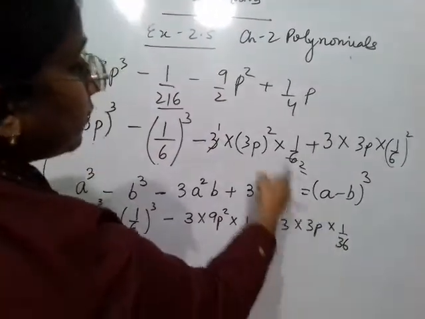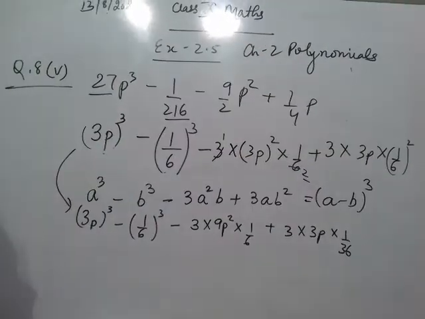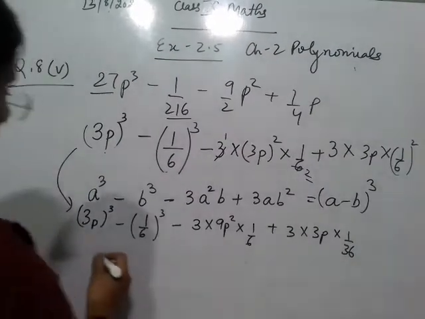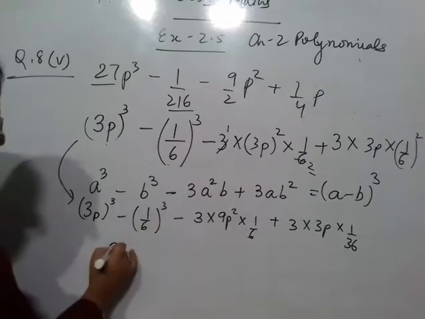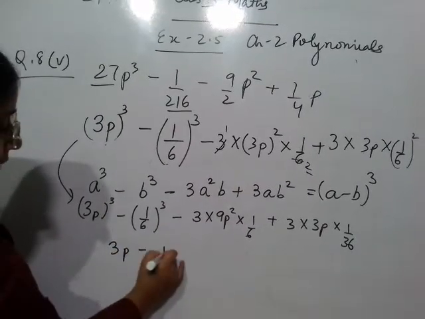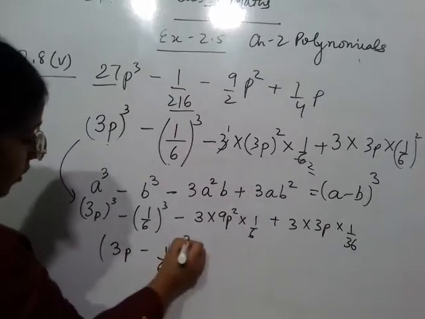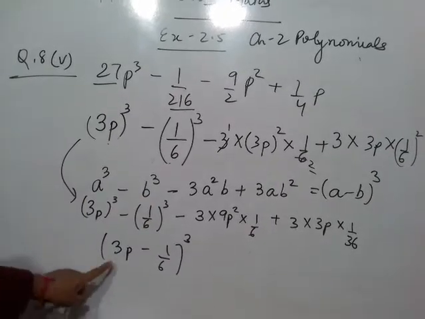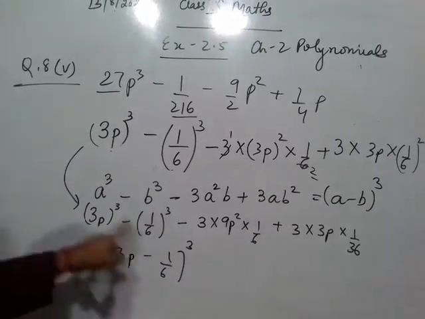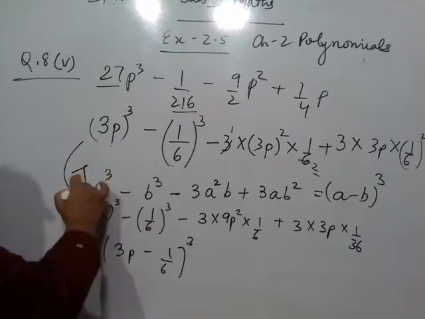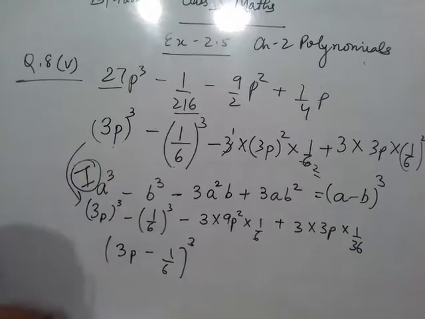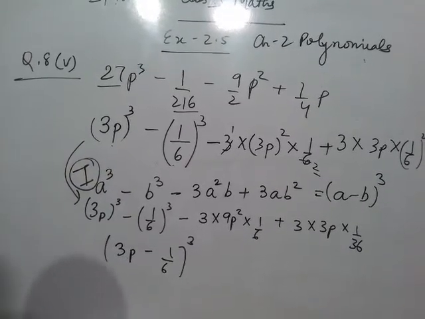You can check whether we are getting 1 by 4 or not. So we are getting the same. So the answer should be (a minus b) whole cube. Directly we can write (a minus b) whole cube by this identity. Always write the identity. It carries 1 mark in the question.